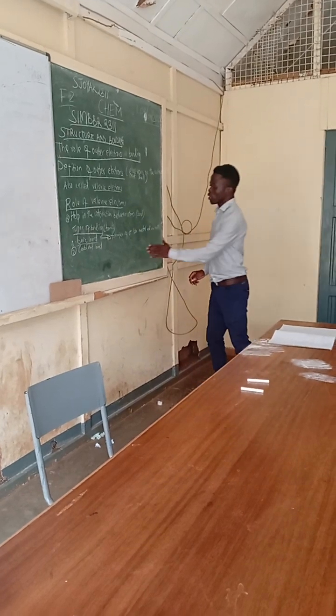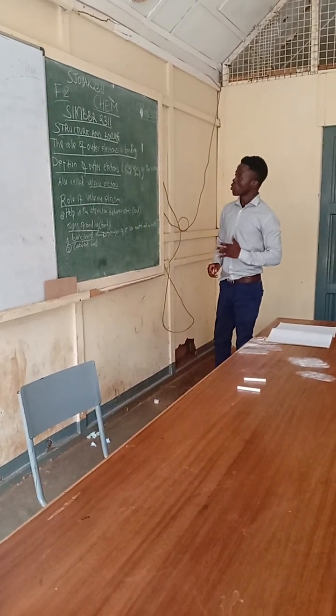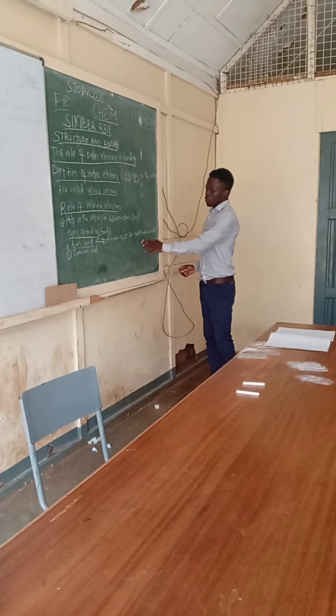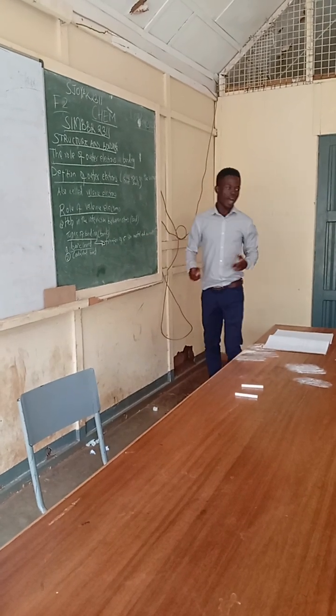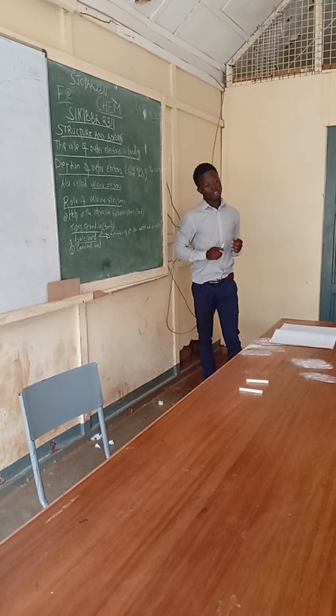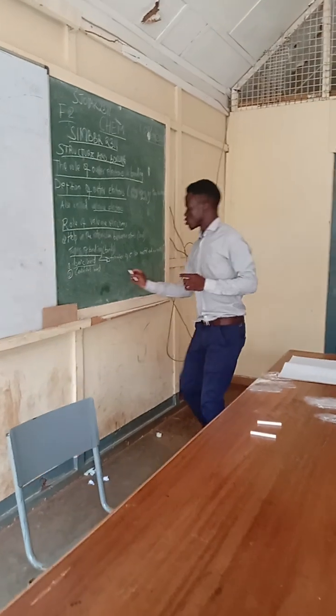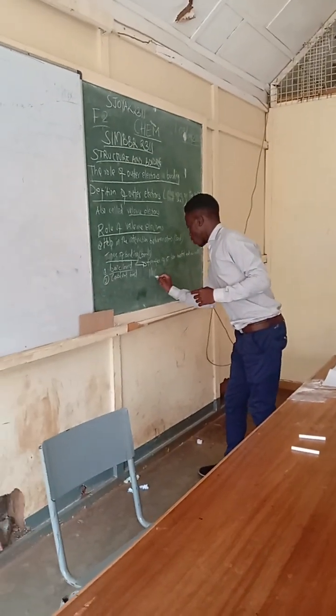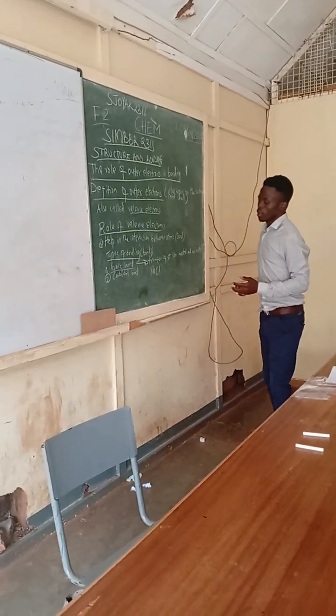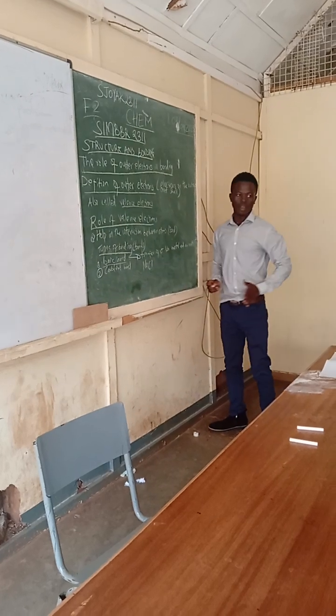Yes, transfer of electrons between a metal and a non-metal. So when electrons transfer between a metal and a non-metal, they come up with an ionic bond. An example of an ionic bond, class, is sodium chloride.